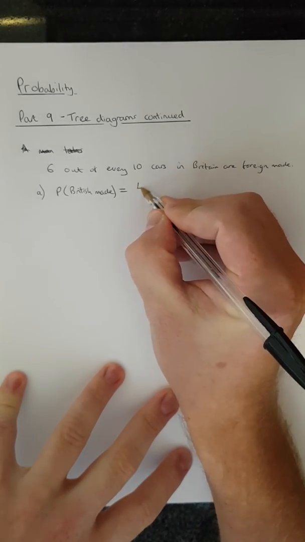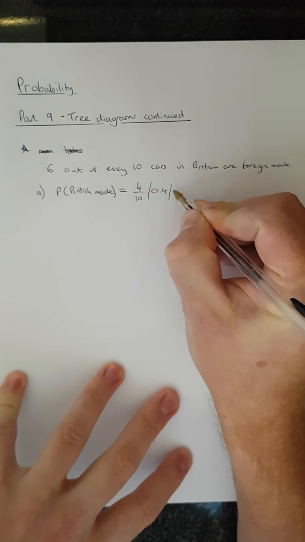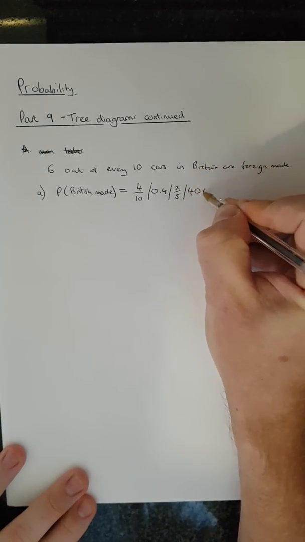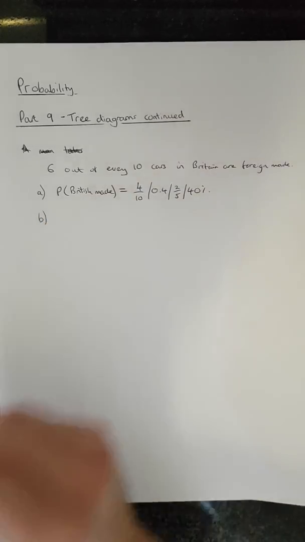Well done for those of you who said 4/10, 0.4, 2/5 would also be okay as a simplified version, or 40%. Okay, next part.